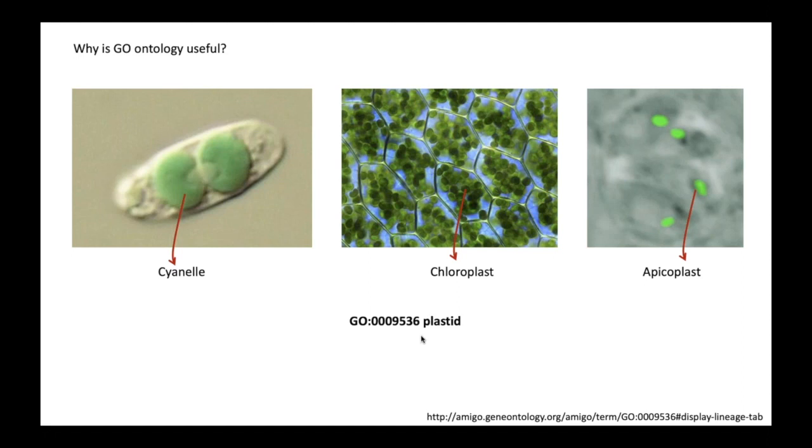And then finally, you can transfer them based on domain similarity. So if I know that my enzyme has a reductase domain in it, for example, then I could transfer in a particular GO term that's associated with reductase domains, right? And there's a standard way of doing this called InterPro2GO.